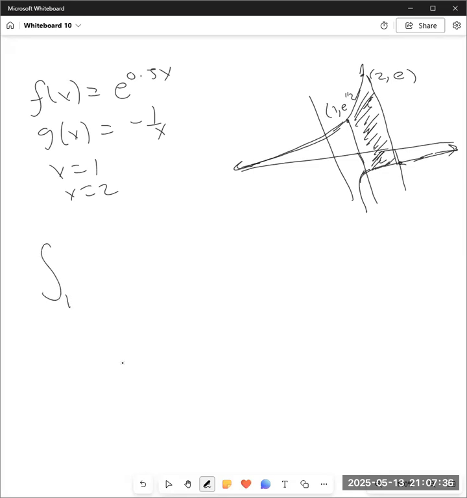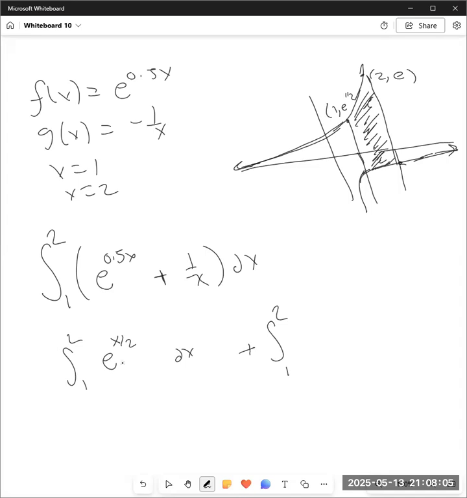So that's the integral from 1 to 2 of e to the 0.5x minus a negative, like so, the integral from 1 to 2 of e to the x over 2 dx plus the integral from 1 to 2 of 1 over x dx.